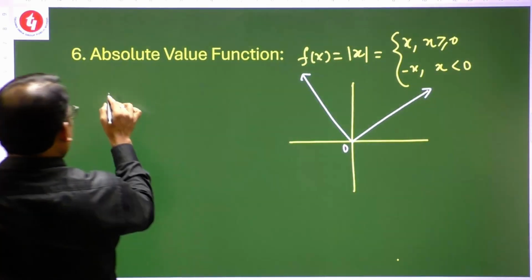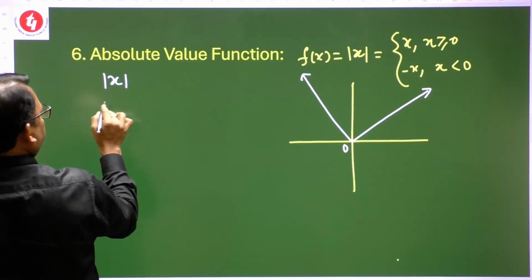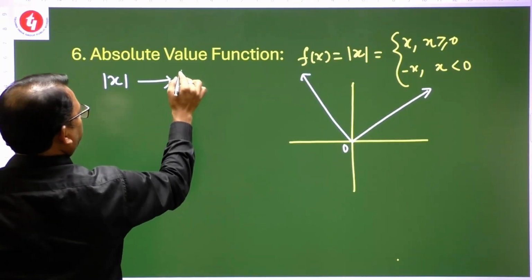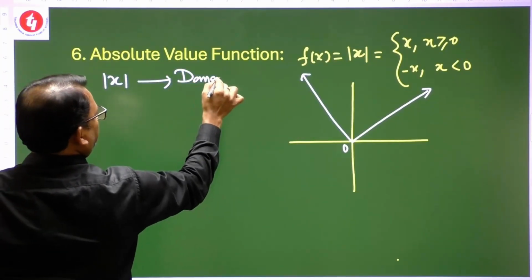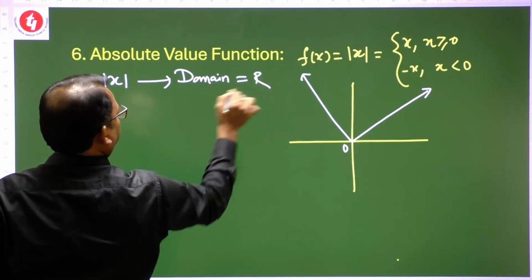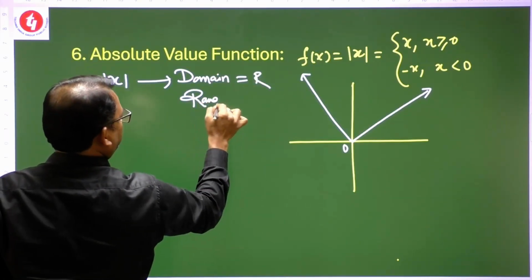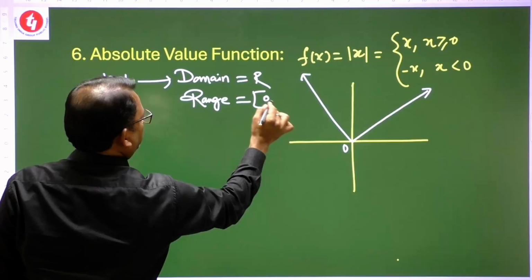So from here you can find that if it is mod of x, then its domain will be the set of real numbers, but you can notice that the range is 0 to infinity.